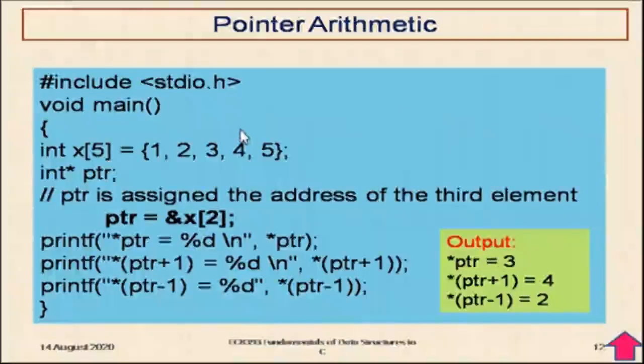So 1000, 1002, 1004 like that. The data at the address 1002 is 4. Similarly, ptr minus 1, say this is 1000: *(ptr minus 1) is the data at the previous address of the pointer.